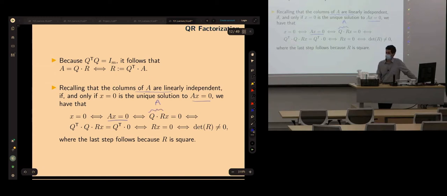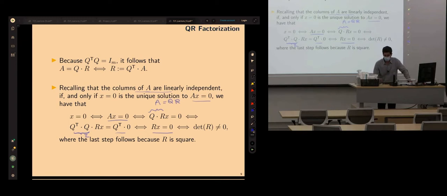We substitute A to be QR, and then we multiply from the left by Q transpose. Q transpose Q is, of course, the identity again. So we're left with Rx equals 0.